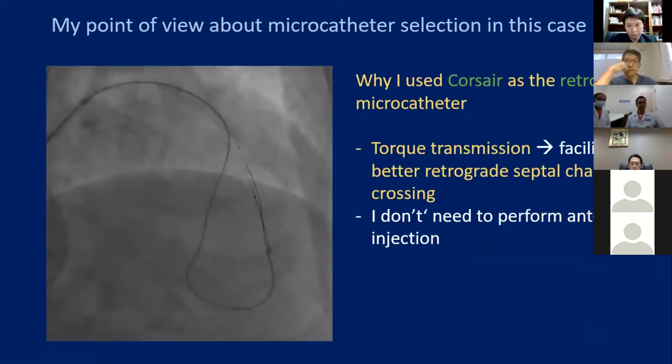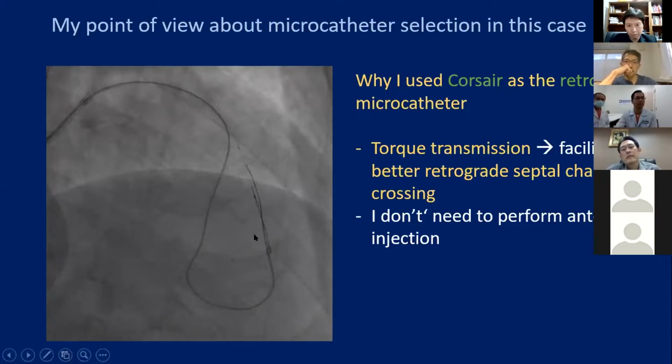And why I prefer the Corsair microcatheter as a retrograde microcatheter in this case: you can see that there is a bending of the septal like a V shape. So I think the torque transmission of the Corsair can facilitate better retrograde septal channel crossing.